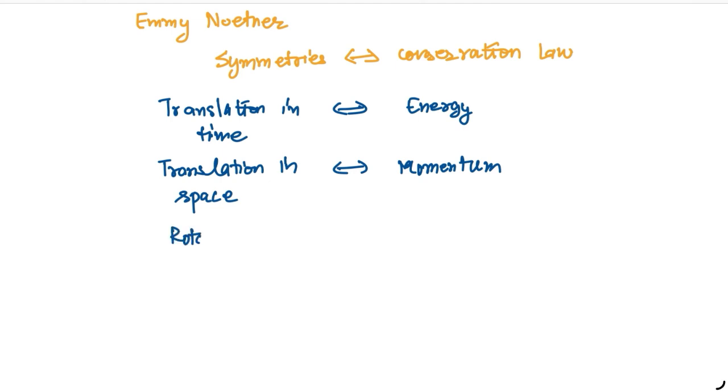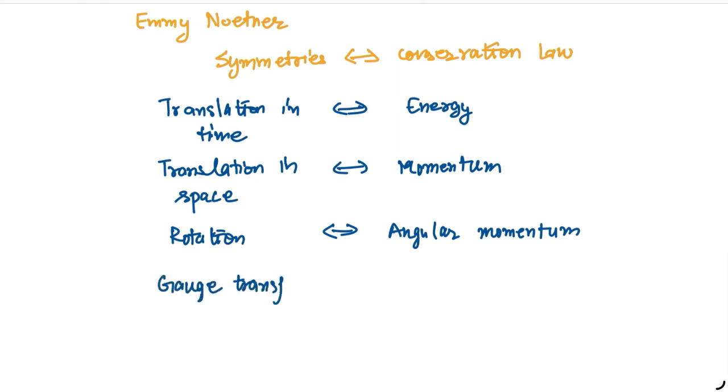Then you have rotation, which means your angular momentum is conserved. And then you have the internal symmetry. We will talk about the gauge transformations. These point to conservation of charge. So with all these symmetries, if you have a symmetry in the system, you have a conservation law.